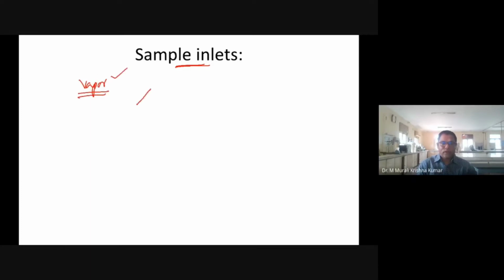One is you use heat so that you can evaporate the sample, or we use spray plus dry to evaporate the sample, to create the sample in evaporated condition.